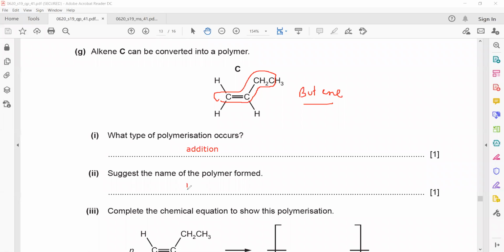They're asking for the polymer, and polymers are named after their monomer. So the polymer will be polybutene. For addition polymers, if the monomer is butene, the polymer will be polybutene.